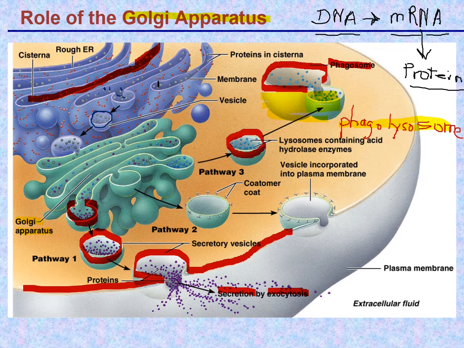The other type of process shown here I'm not going to talk about, except to point out that you should understand that whatever phospholipid bilayer membrane is being formed in the endoplasmic reticulum, right?